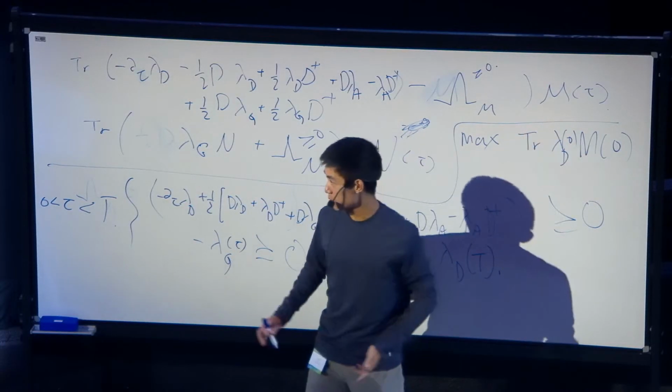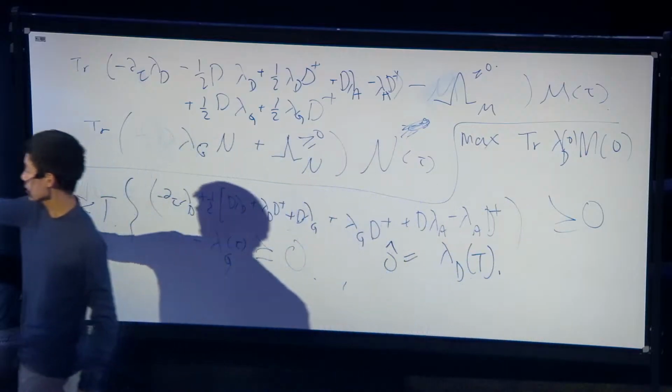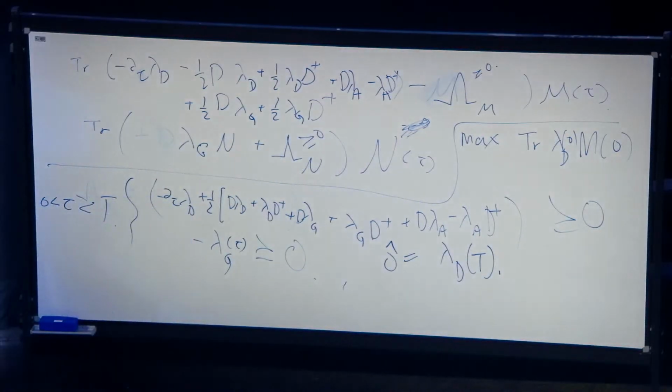This action was nothing but the same action that we started with in the primal problem, which was this thing. Okay? So the idea is you just guess some arbitrary test functions that satisfy these constraints, and you can derive a rigorous bound on trace O hat m. Okay? Is the strategy kind of clear?